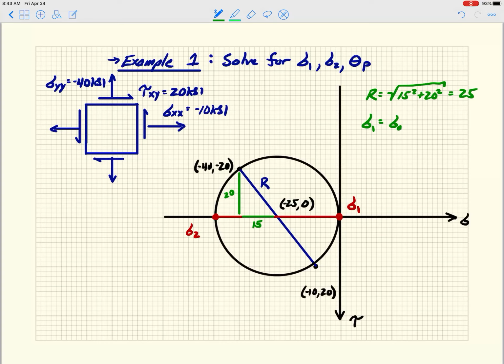So sigma 1 is just the center plus R, so that's sigma average plus R, which is going to be 0. Should add some units onto these.